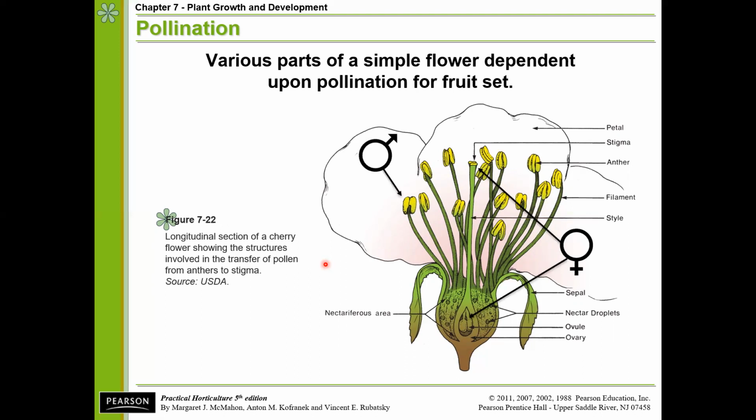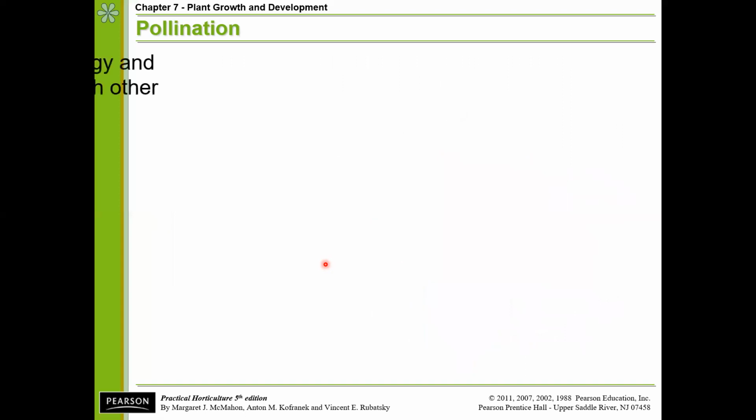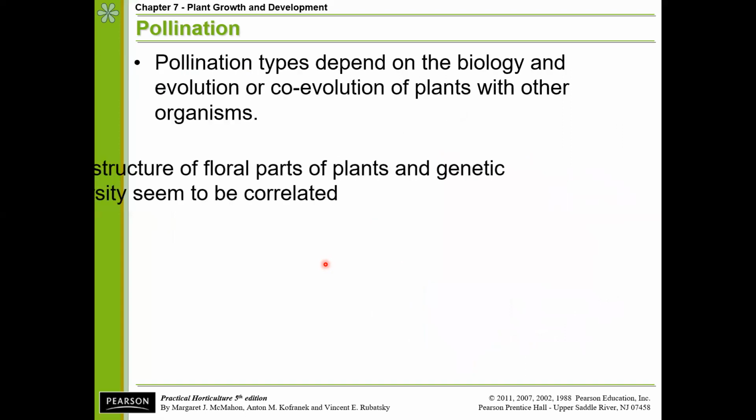And then, of course, the male part is the staminate part, the anther and the filament, the anther containing the pollen. So we have to have both parts at the right time in order to get pollination of any crop, other than those that can be fertilized without pollen. There are a few examples of that out there as well. Exceptions to every rule.